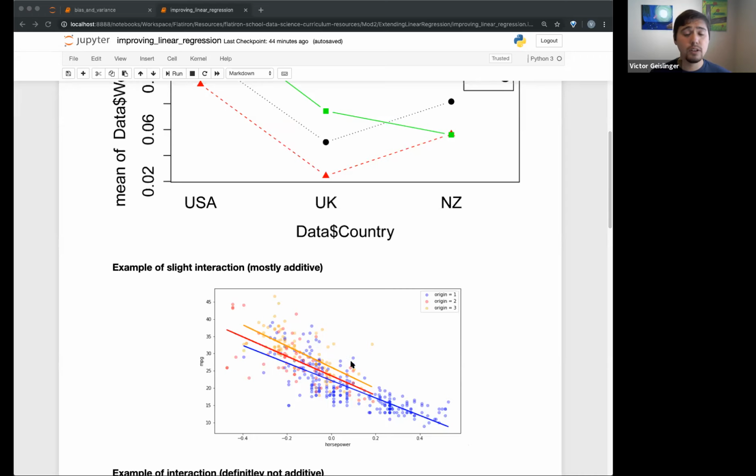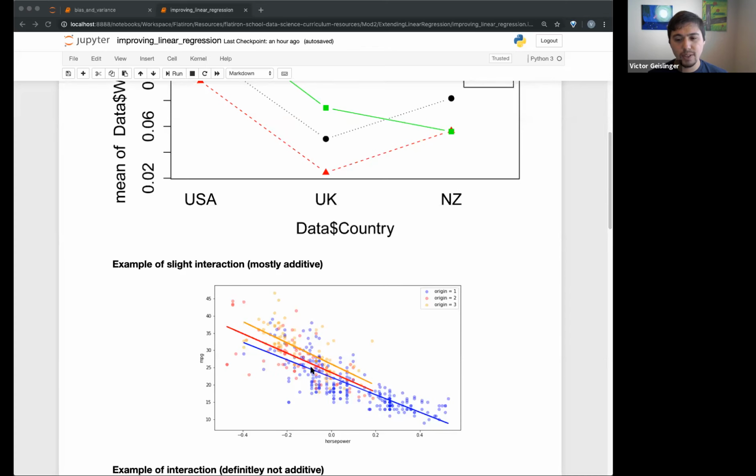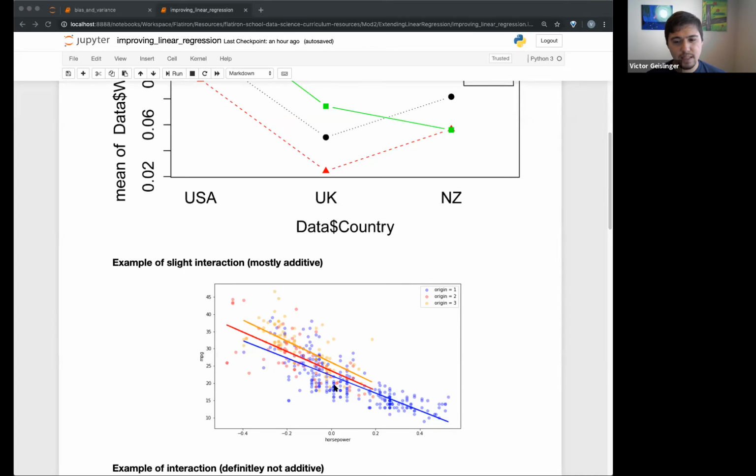We say, let's look at this separately, let's make a regression line just for origin equals 1, origin equals 2, origin equals 3, okay? We're looking at those separately. And you can see the regression lines, like they drew this out on the plot. You can see that they're pretty much the same, the same slope, slightly moved up, which is actually what we'd expect.